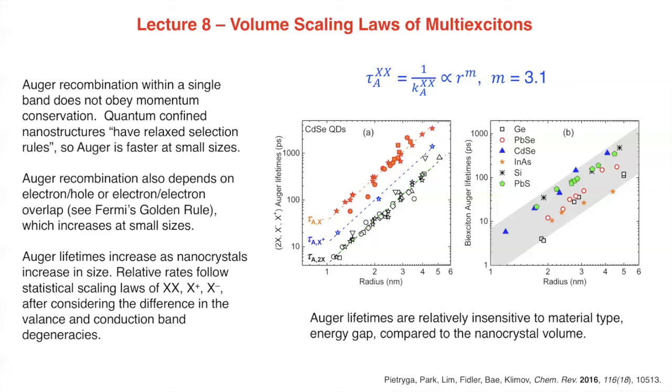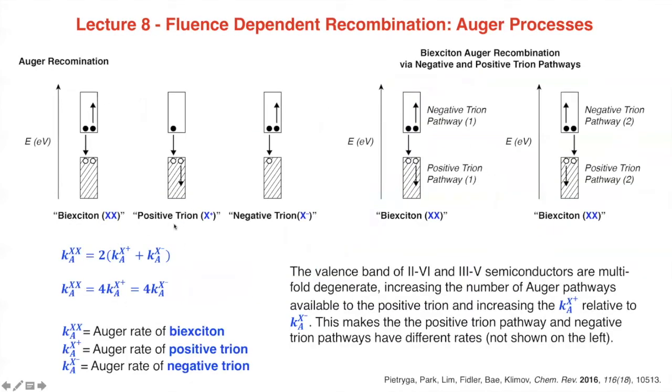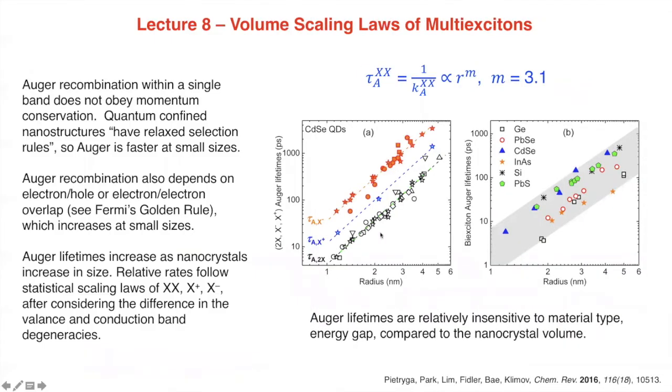And the relative difference, minus, plus, and biexciton, is derived from the statistical counting that we talked about on this page here. The number of possible pathways explains the differences between the minus, plus, and biexciton rates. The other thing here are biexciton lifetimes plotted as a function of size, and you can see these straight lines here, this band of biexciton recombination lifetimes. And the surprising thing about this is that it's relatively insensitive to the material.